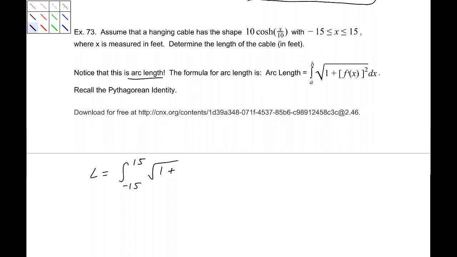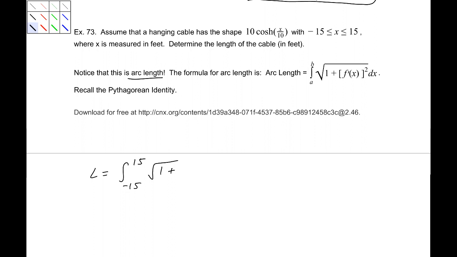When you take the chain rule here, the 1/10 will cancel out the 10. So it's hyperbolic cosine squared, dx. Now, actually that's going to be a sine. Hyperbolic sine is the derivative of that.